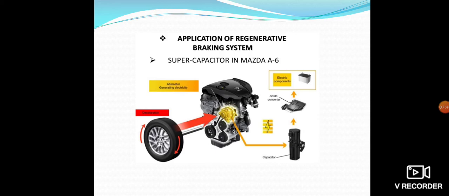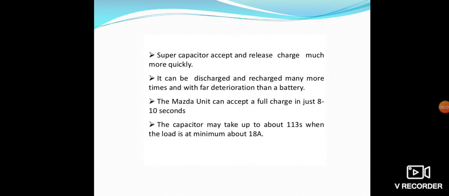Its first application is the supercapacitor in the Mazda 6. With the help of the supercapacitor, it accepts and releases charge much more quickly. It can be discharged and recharged many more times, and it accepts a full charge in just 8 to 10 seconds.